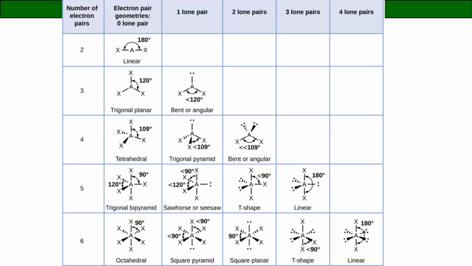The oxygen is going to have its own geometry, because the oxygen also has a bunch of stuff taking up space around it, right? 4 groups. So this is also a tetrahedral electron geometry, but the molecular geometry for the oxygen is bent. And when we put both of these together, we get an overall shape for the molecule.